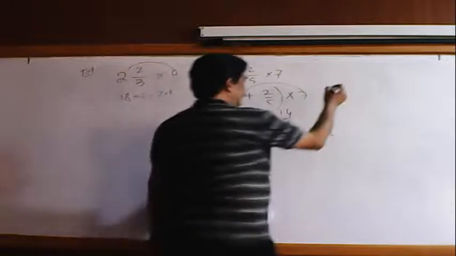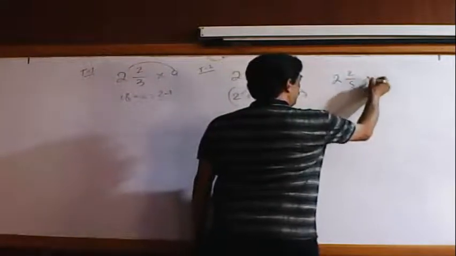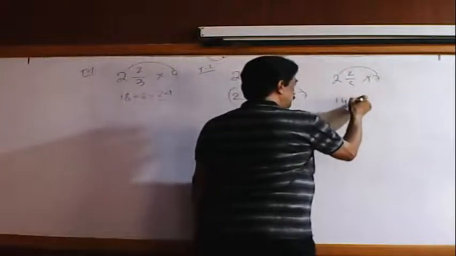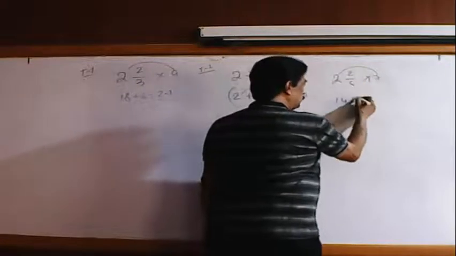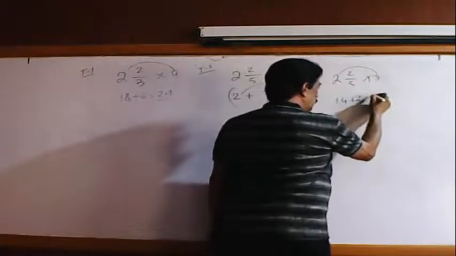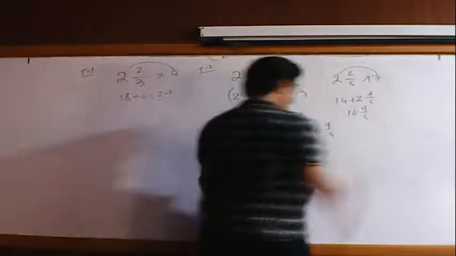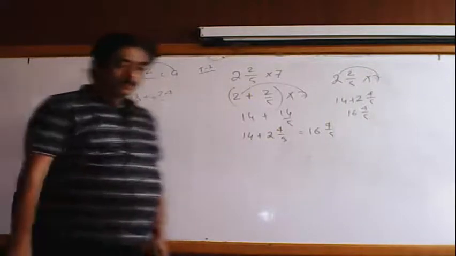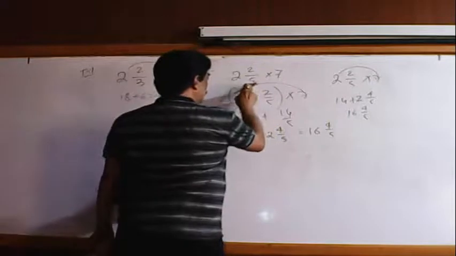Now do directly. 2 and 2 by 5 multiplied by 7: 7 2s are 14, plus 14 by 5, quotient is 2 and remainder is 4, 4 by 5. Your result is 16 and 4 by 5. Now, in this type, all numbers are not divisible by the denominator.